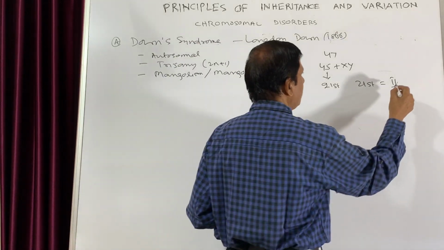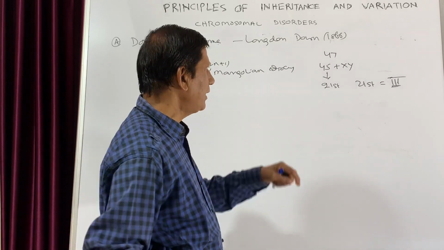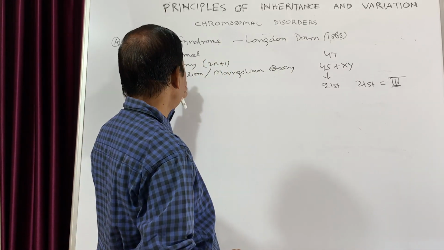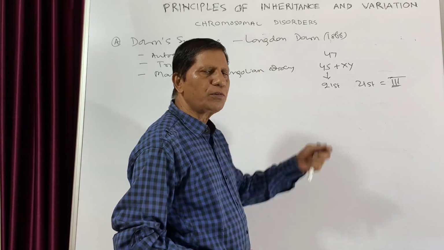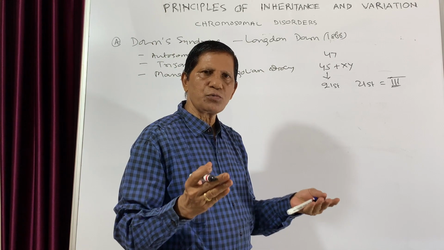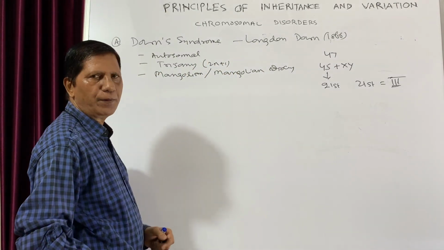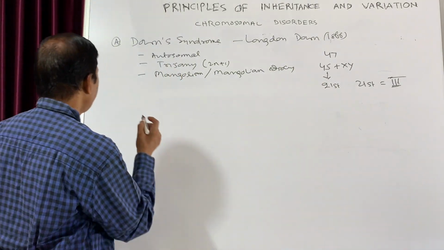But here it is 3. That is why this abnormality occurs. So it is an autosomal trisomy. One chromosome is extra. This occurs due to abnormality during meiosis 1 or meiosis 2. Now, if this happens, then what will be the different symptoms?